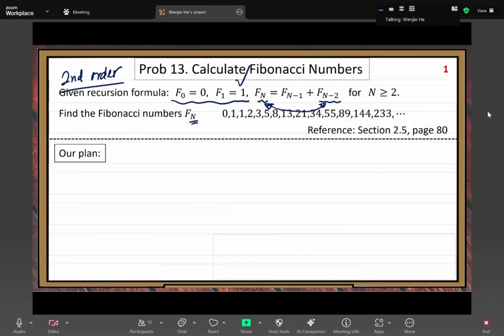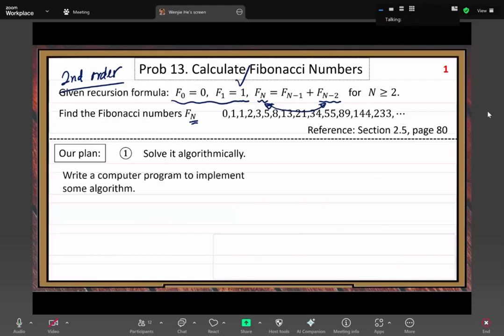One way is to solve it algorithmically. We can write an algorithm, write code to calculate these numbers. That's the first way. The second way is to solve it mathematically with a math formula.